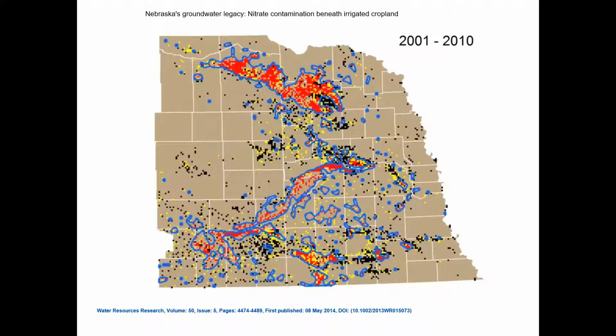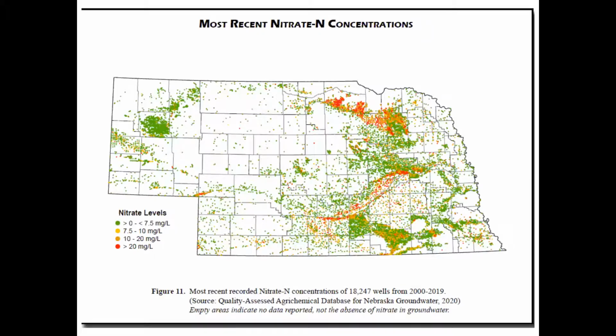Many people haven't even noticed that it's happened, except for people like us, because that's what our jobs are: to study how nitrate gets into our groundwater. So here's a map of the most recent nitrate levels. You see we have the highest levels through the Central Platte, basically along the Platte River Valley, and up in northeast Nebraska, Holt County, Knox County, Antelope County, they tend to have fairly high concentrations of nitrate in the groundwater.